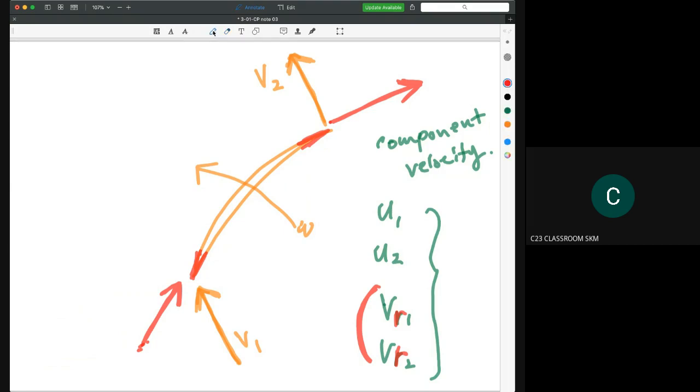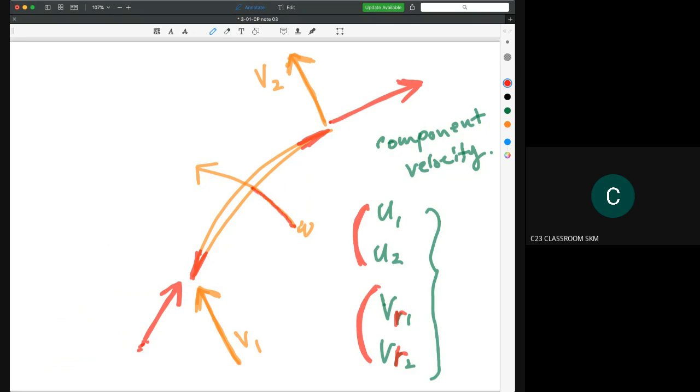So the terms U1 and U2 are the velocity regarding the rotation of the impeller, the rotation of the blade.